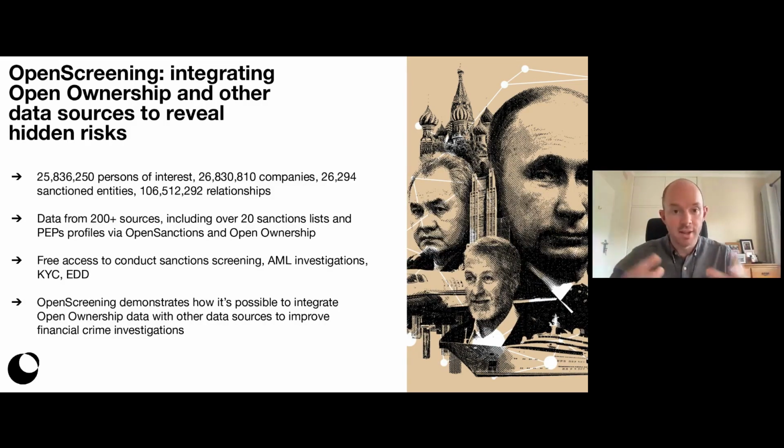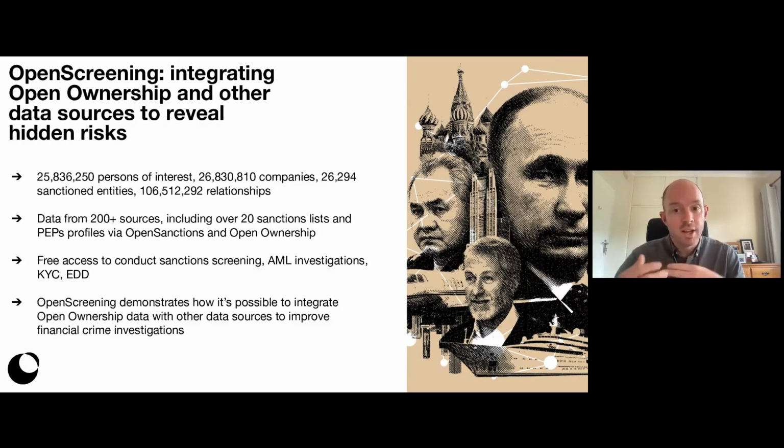They pull together dozens and dozens of sanctions lists that appear in PDF or XML in various different places, and produce high quality data so that you can see the people who are sanctioned, who they're connected to, which addresses they are associated with, and also which companies they're associated with.